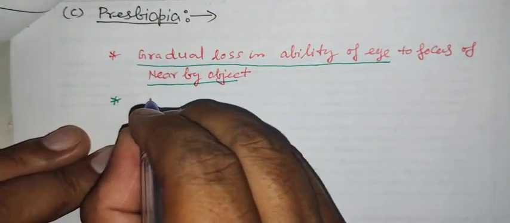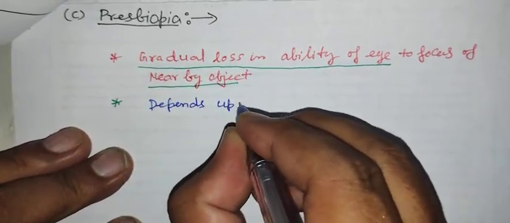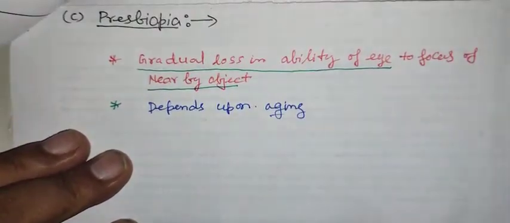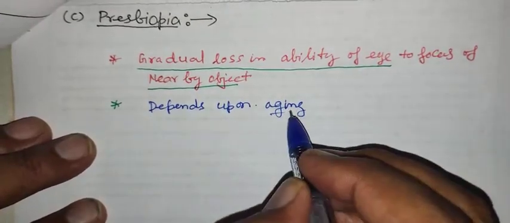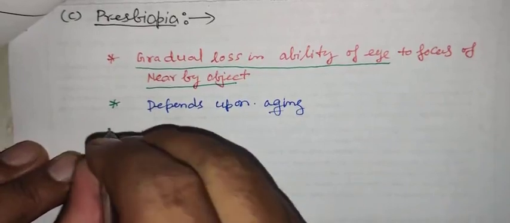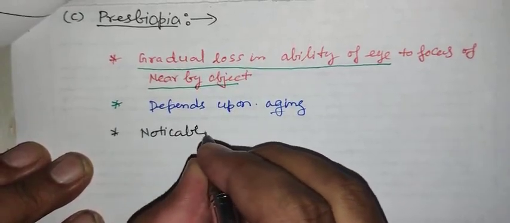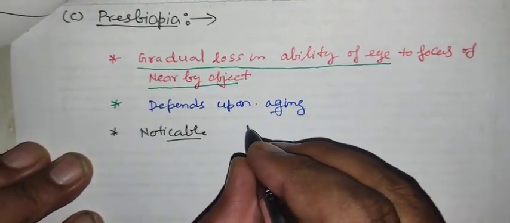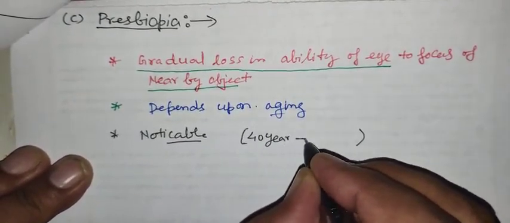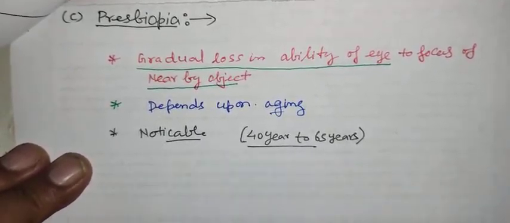It depends upon aging. As a person becomes older, this problem arises, and it is noticeable from the age group of 40 years to 65 years.